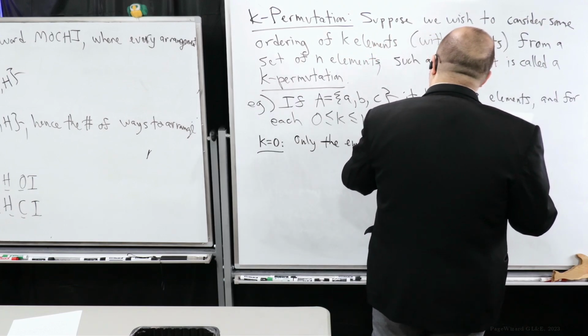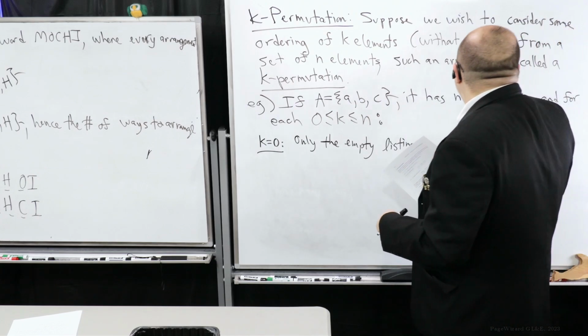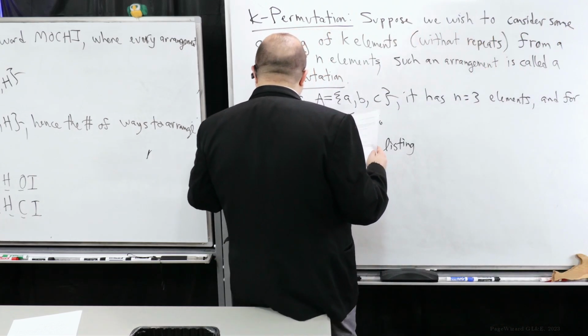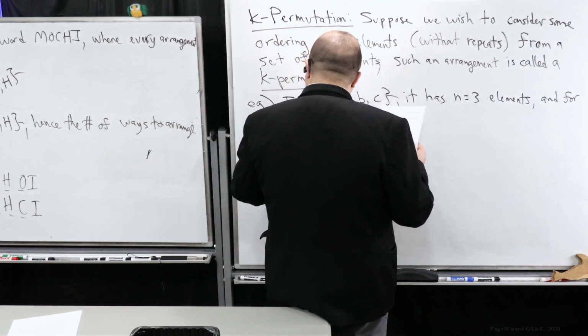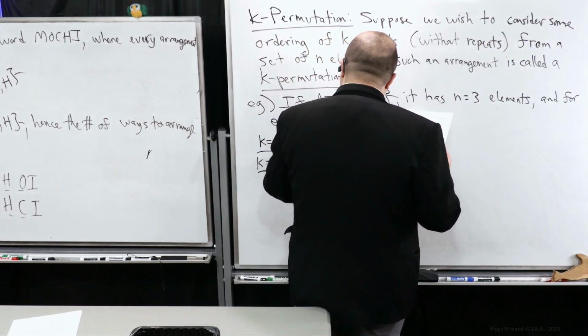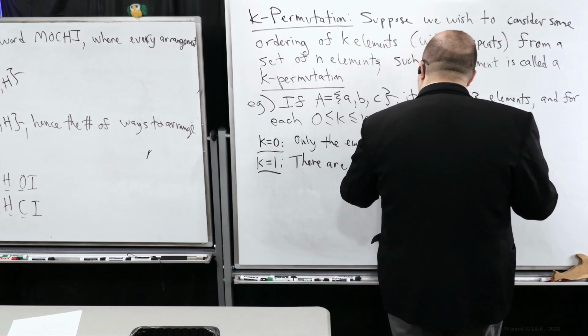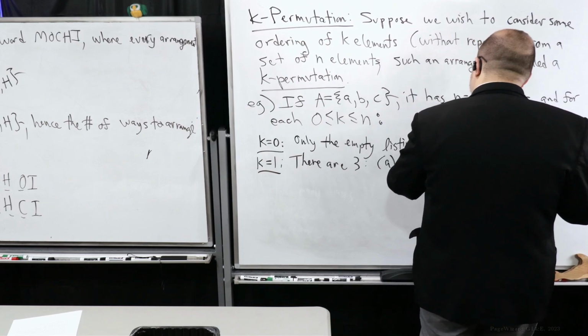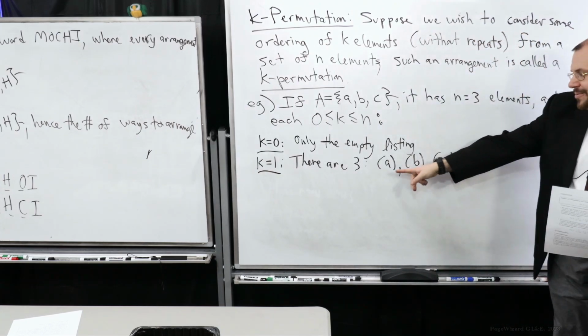It's only the empty listing because I didn't pick any. If I pick k as 1, there are 3, namely A, B, C, each in their own listing, just by themselves like that.